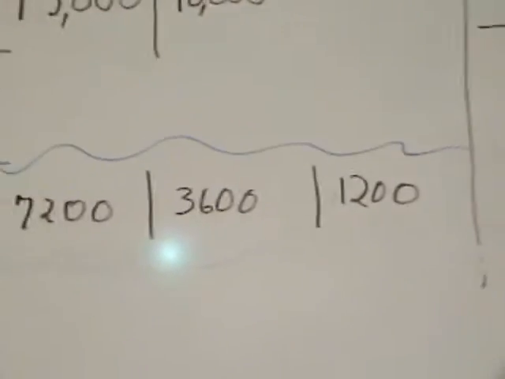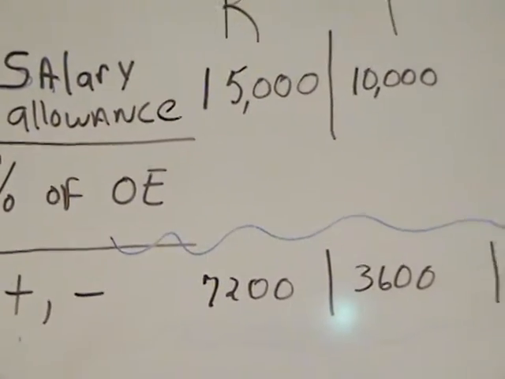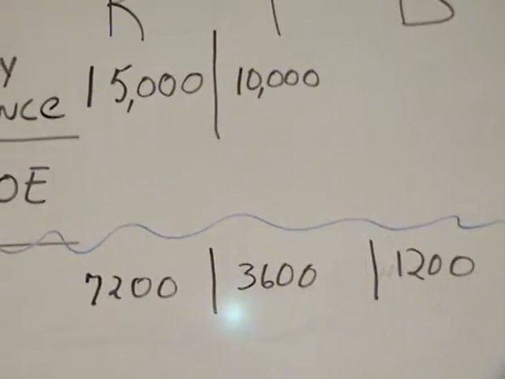After you do a salary allowance and the owner's percentage of owner's equity, that's under the red line. So now you're going to add them up.